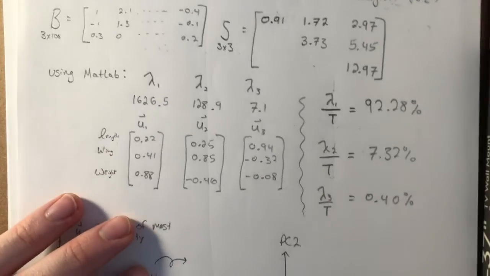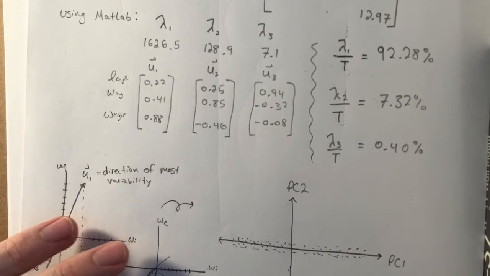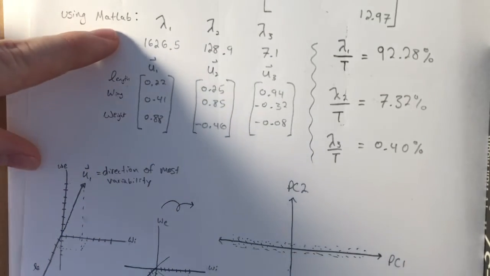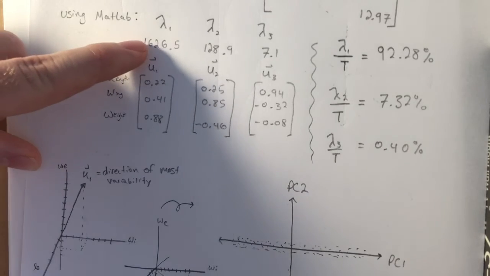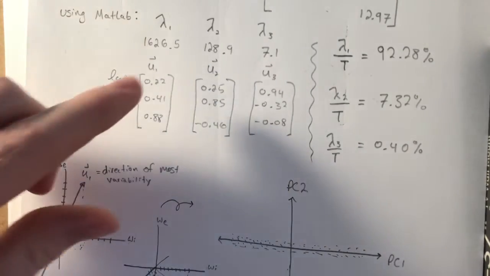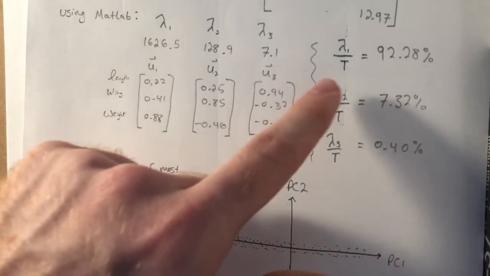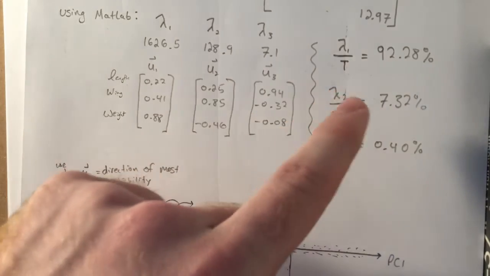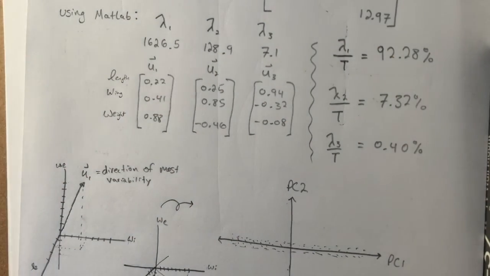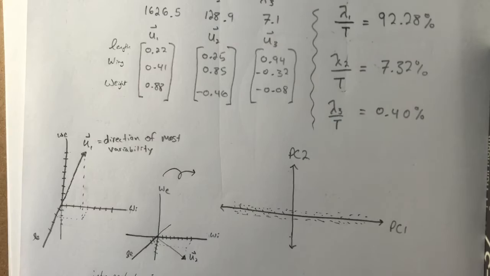And if we just go ahead and calculate the eigenvalues and eigenvectors for this, we can see that eigenvalue 1 is huge, which means if we divide this by the total variance, we see that it still keeps 92% of the total variation in the data in just that one principal component axis that we're going to have along this corresponding eigenvector.